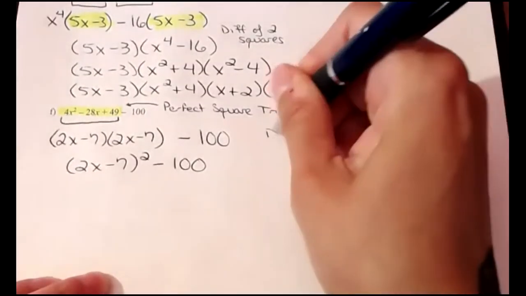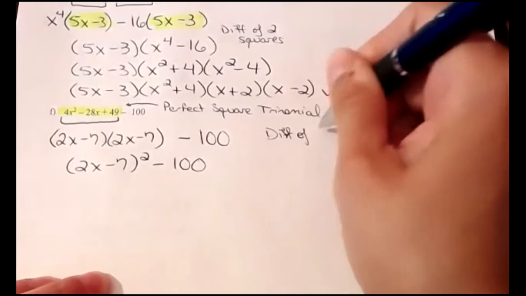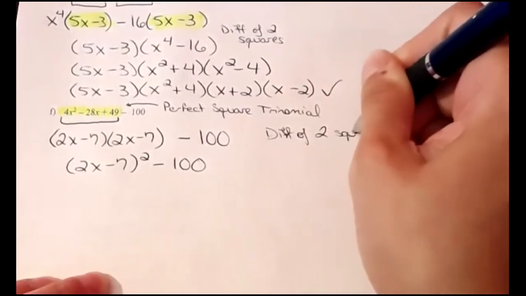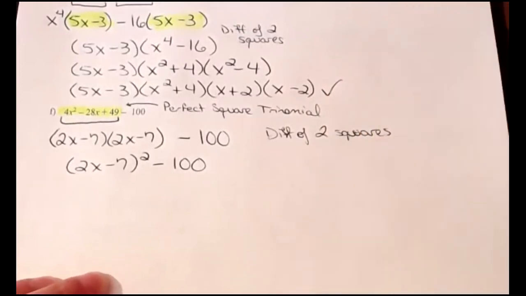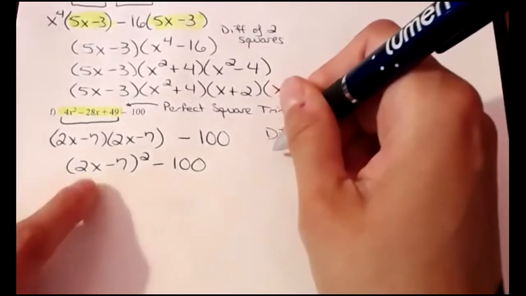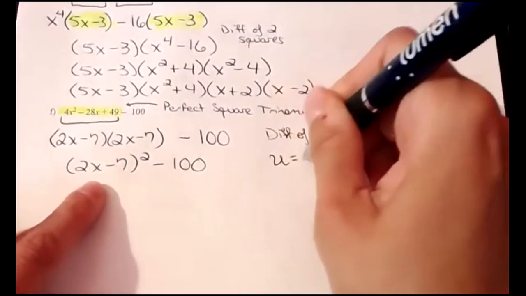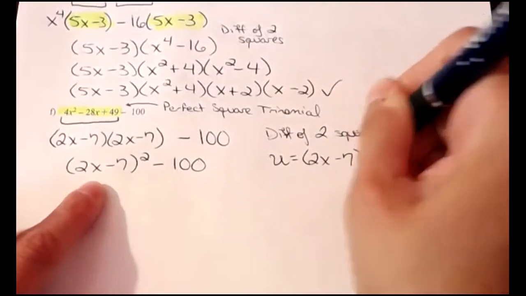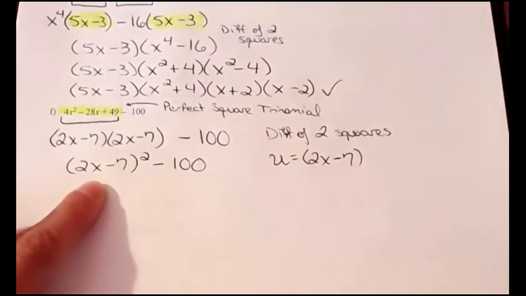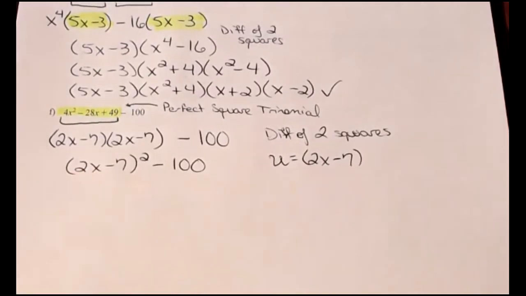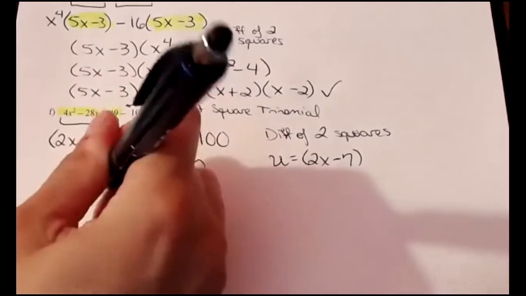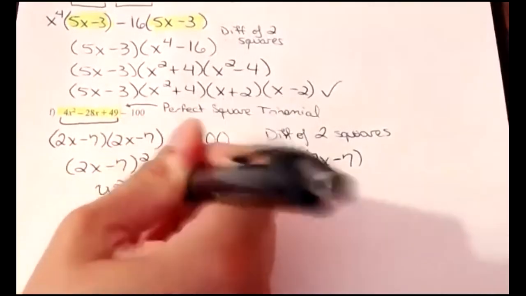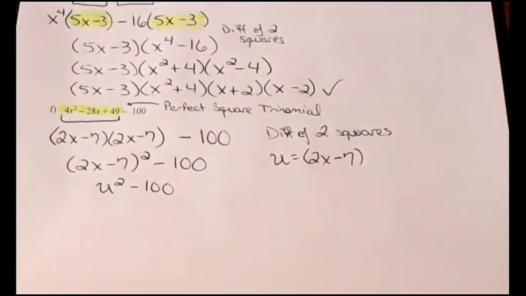So not only are we going to factor by using the formula for the difference of two squares, but we're actually going to use the u substitution. So we're going to call u 2x minus 7. If u is 2x minus 7, my polynomial becomes u squared minus 100.